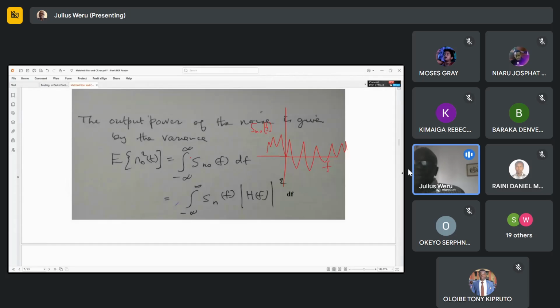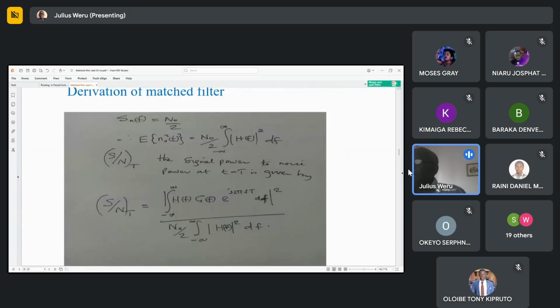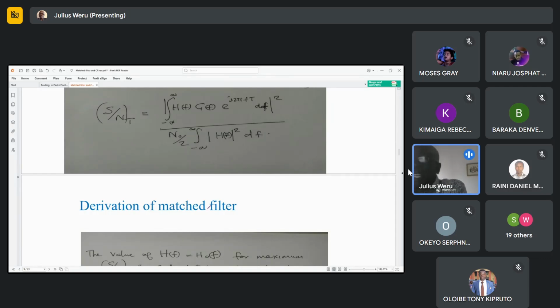It has also made you understand the Cauchy-Schwarz inequality of integrals. Any question about matched filters, the matched filter receiver?